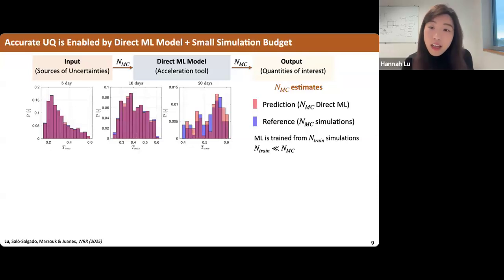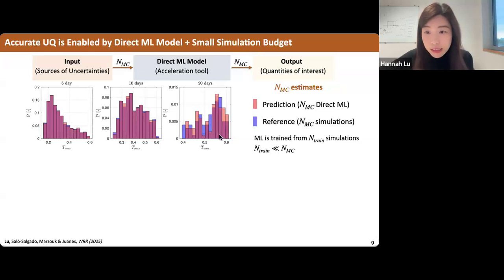So here I'm showing the comparison of the probability distribution obtained from the reference solutions using a large number of expensive simulations in Monte Carlo. Shown here, the blue is the reference solution using very expensive simulations, and the red is the prediction using the direct machine learning model.